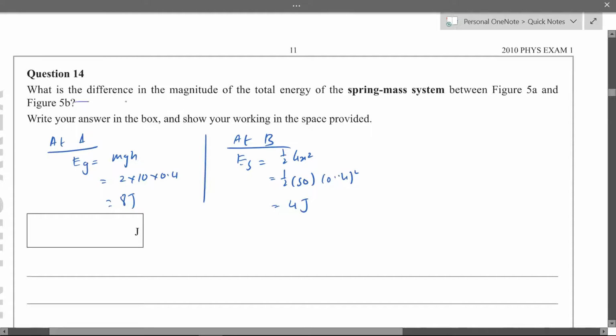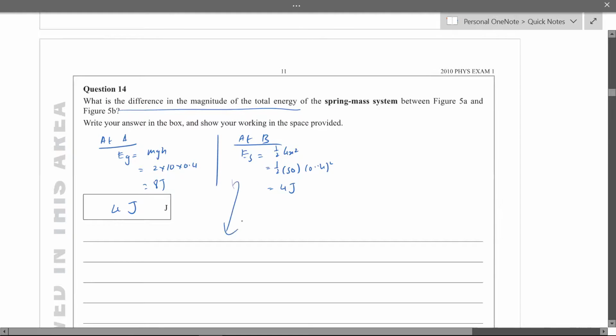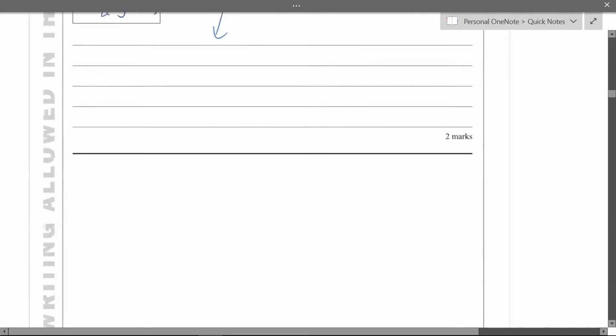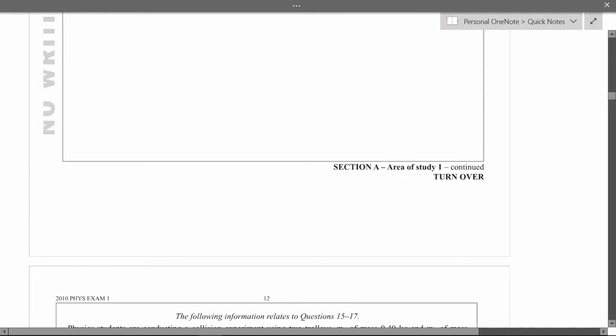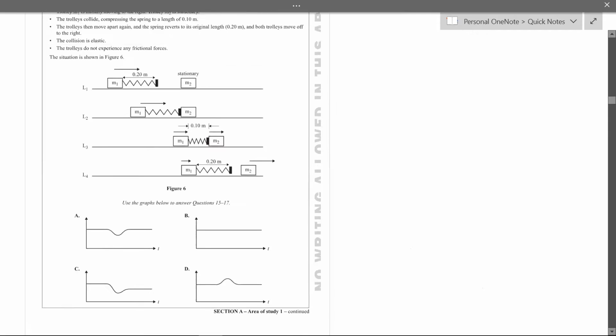So the difference in the total energy is 4 joules. I think I was supposed to do my working out, but anyway. The next question is a graphs question.